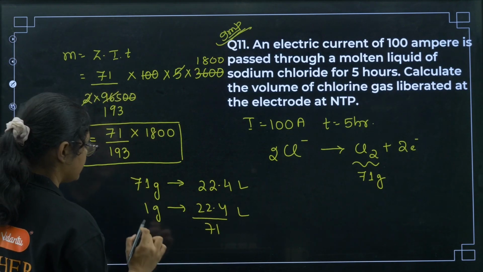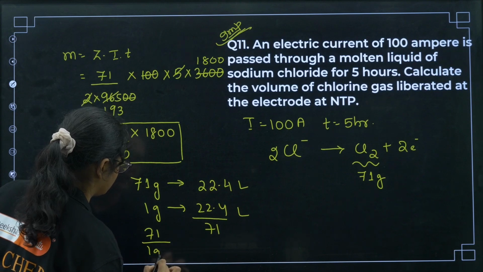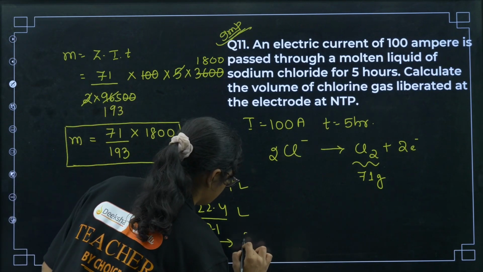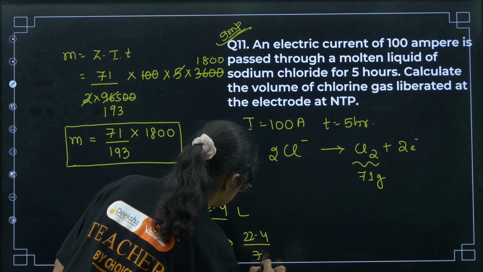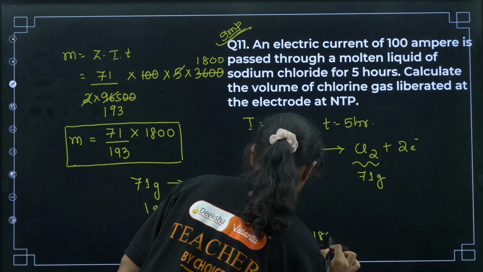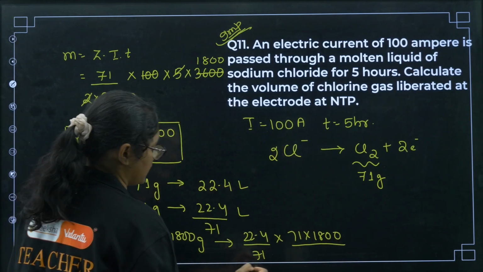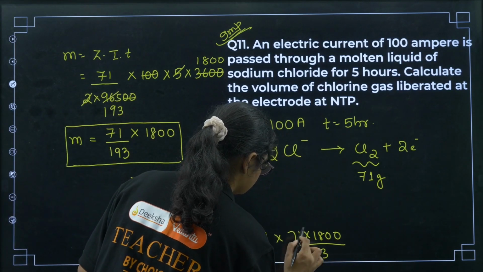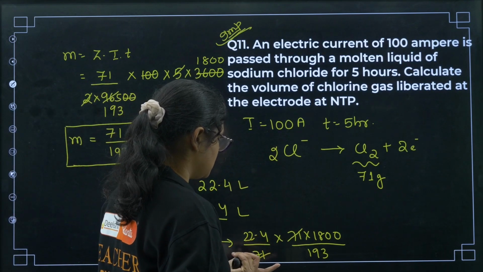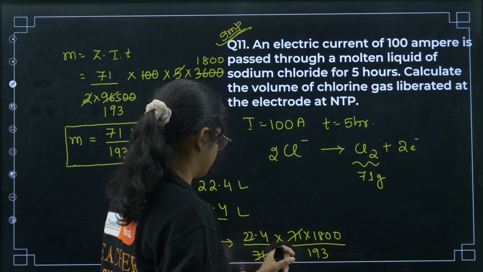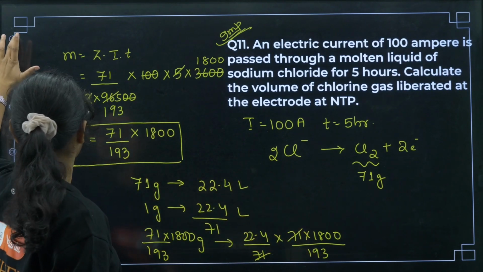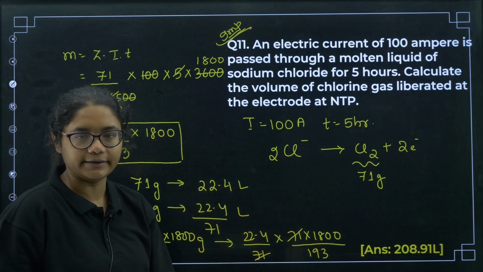But if it is 71 by 193 into 1800 grams, then how many liters will it be? 22.4 by 71 into 71 into 1800 divided by 193. Let us calculate this. If you solve this, you will get around 208.91 liter, that's the answer.